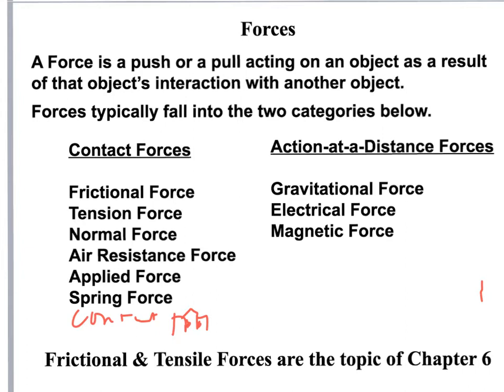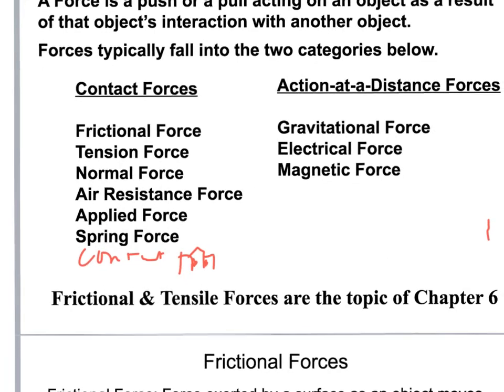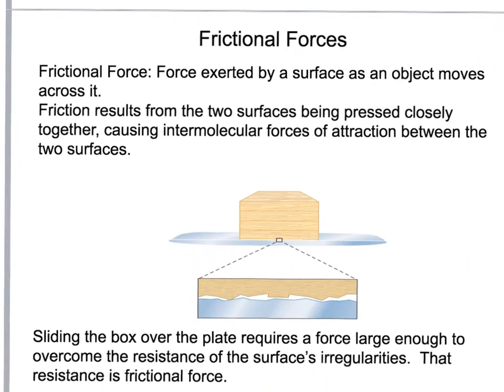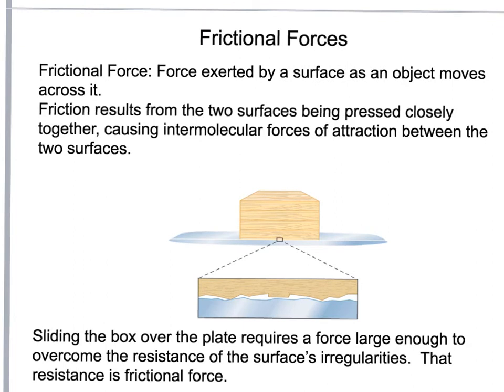So this chapter is focusing on frictional and tensile forces, so friction and tension. So again, tensile is tension. So frictional force is a force exerted by a surface as an object moves across it. So again, that's the baseball player sliding into the base, or the ice skater skating on ice.